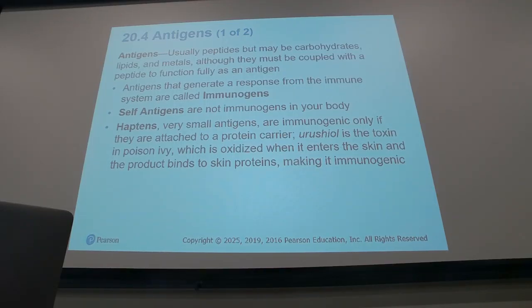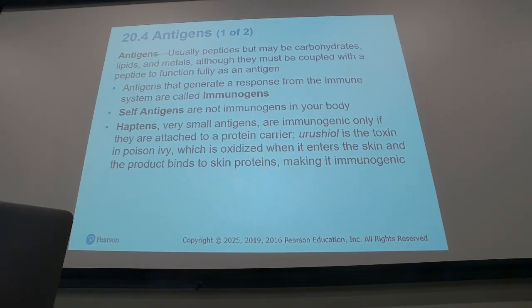So, for antigens, antigens are made out of peptides, but also can be carbohydrates, lipids, or inorganic molecules like metals. Dander, pollen, inorganic molecules can also be antigens. And antigens are also known as immunogens because they help to generate an immune response.